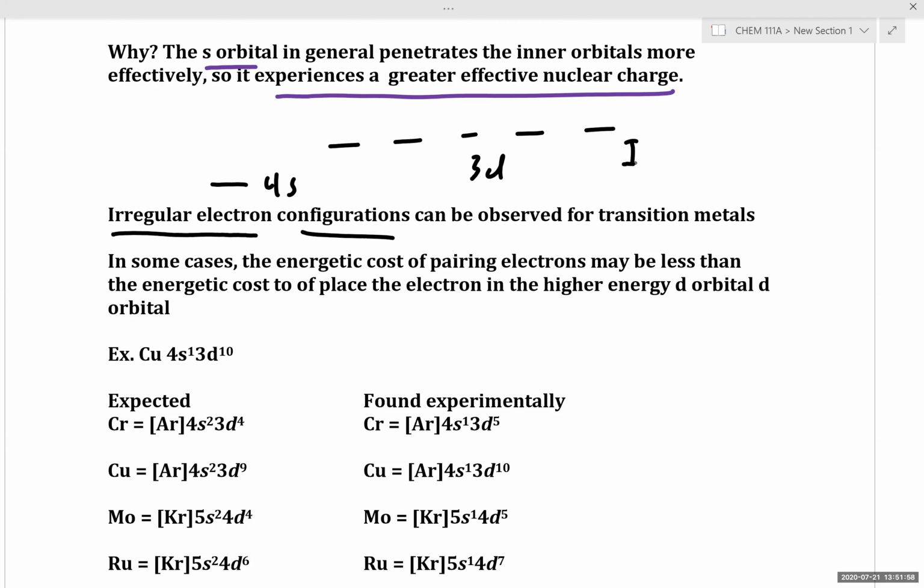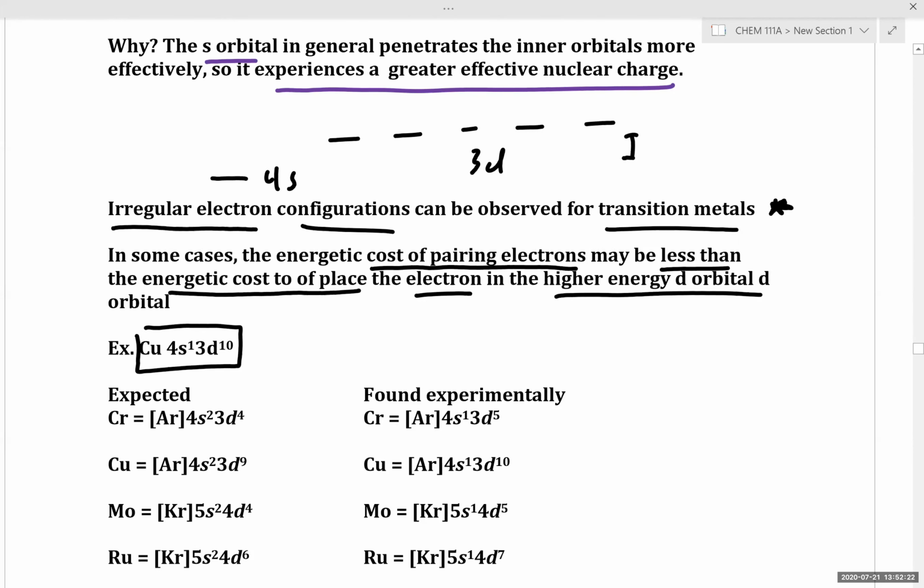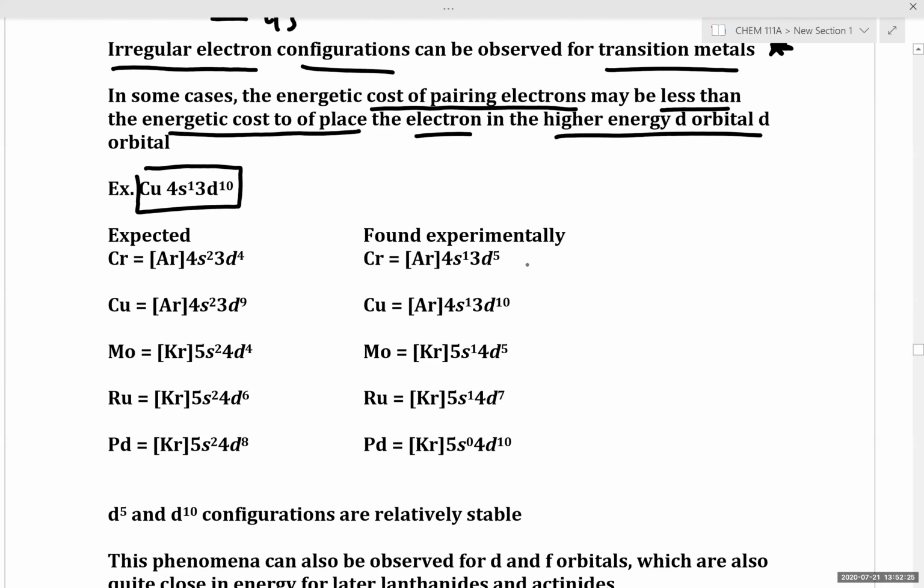In some cases, and this is specific to transition metals, the energetic cost of pairing electrons may be less than the energetic cost to place the electron in a higher energy d orbital. For example, copper can form this really odd configuration of 4s1 3d10. Overwhelmingly, we see that these irregular configurations occur when you generate a d5 or d10 configuration.